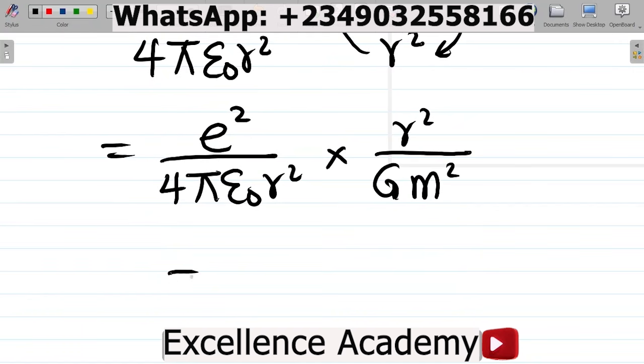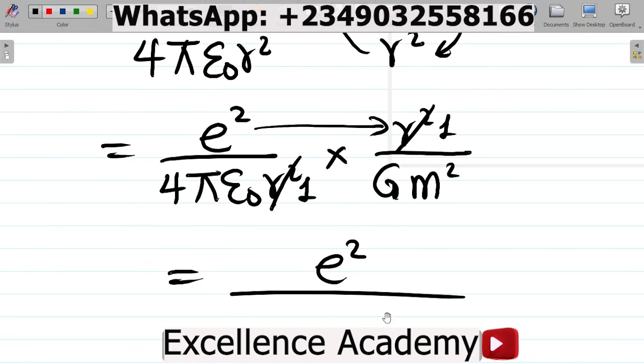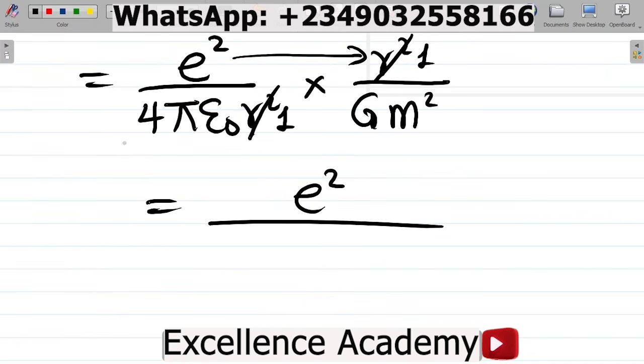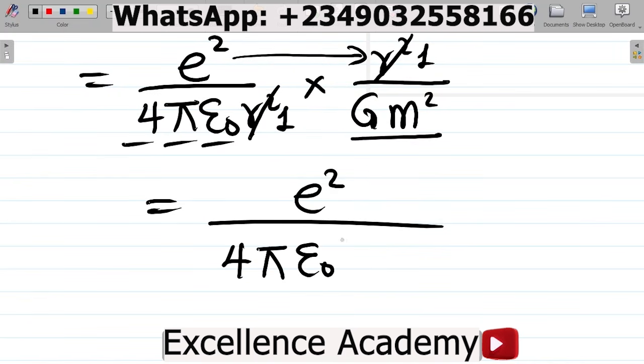Now R squared cancels R squared. This gives you 1 and this gives you 1. Nothing else can cancel here. So let's multiply the numerator. E squared times 1 gives you E squared. For the denominator, I have 4 pi E naught G m squared.